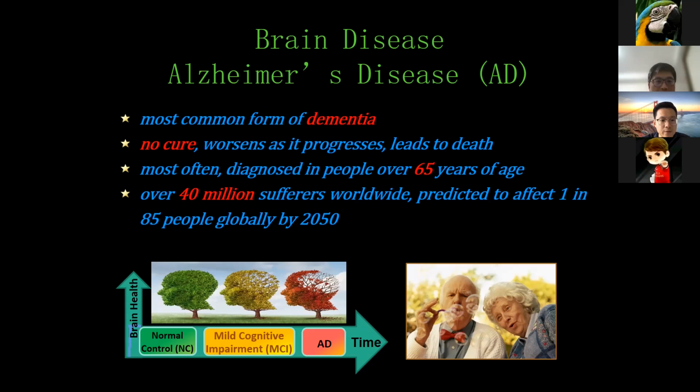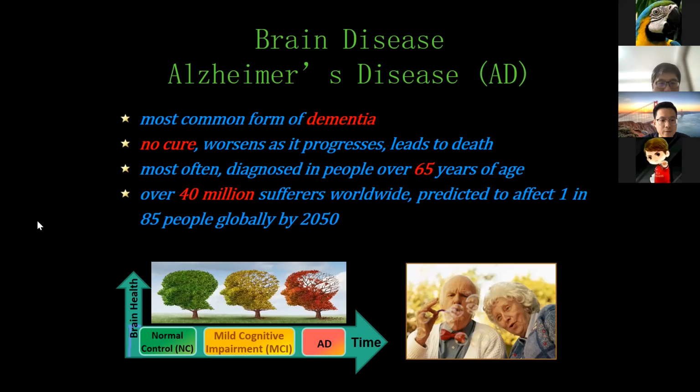Most often, this disease is diagnosed in people over 65 years of age. In the world, there are over 40 million sufferers, and it is predicted to affect 1 in 85 people globally by 2050.